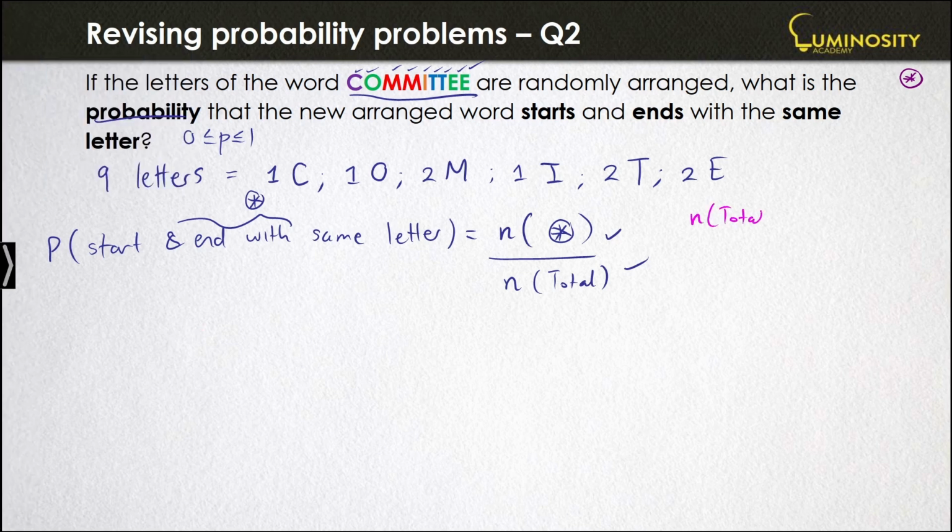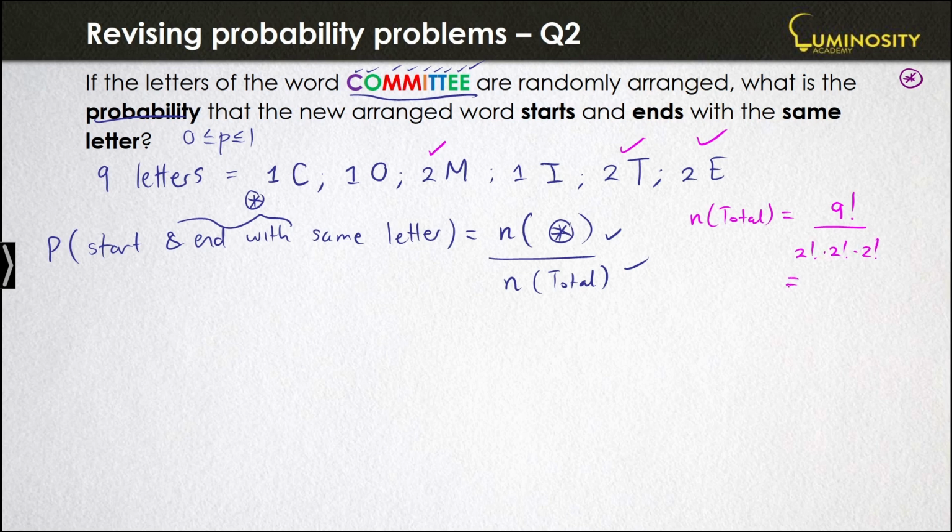How many ways can we arrange all these letters? There are 9 factorial ways. However, the letters that are repeated need to be divided out by the fundamental counting principle. So that's divided by 2 M's, 2 T's, and 2 E's, which is 2 factorial times 2 factorial times 2 factorial.